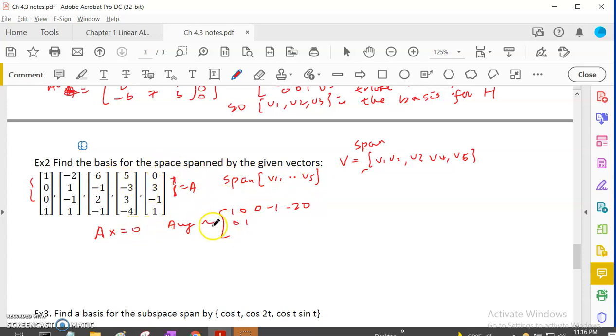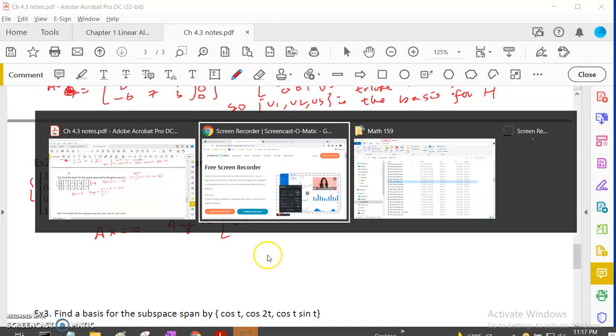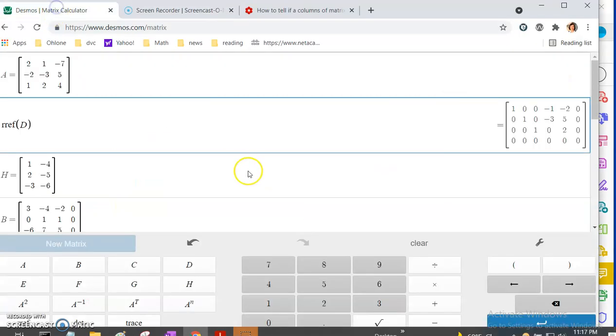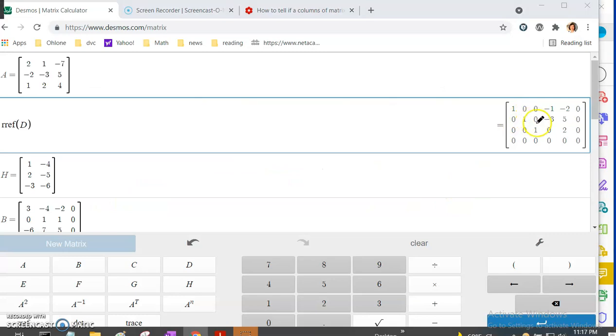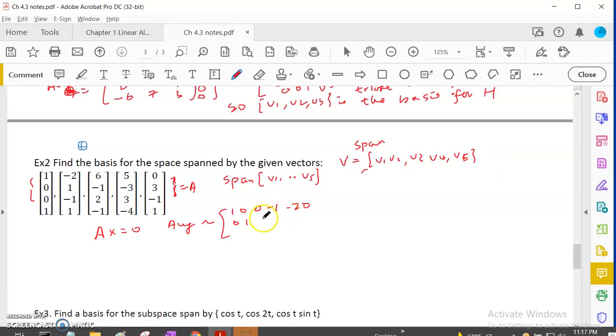So I do that, and I do a reduced row echelon, and my matrix here is really big. 1 0 0 negative 1 negative 2 0. That's the first row, and then 0 1 0 negative 3 negative 3 negative 5.